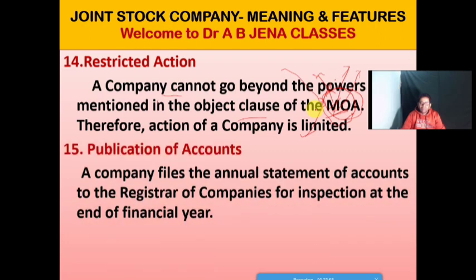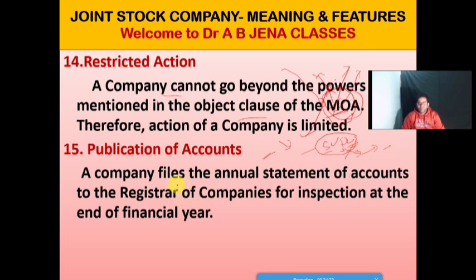The last feature of the joint stock company is also very vital. As we know, the books of accounts of the sole proprietorship and the partnership firm are not published, and their financial information is not available to the general public.